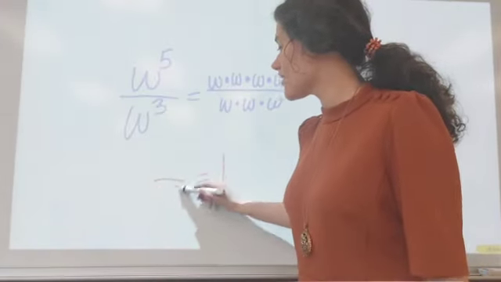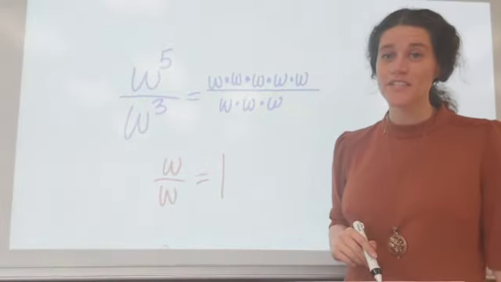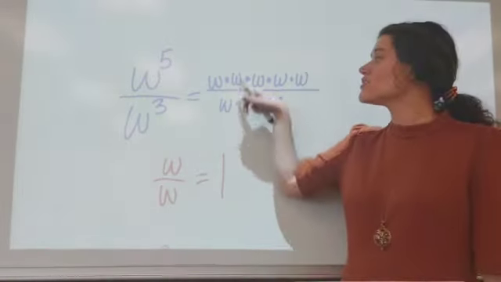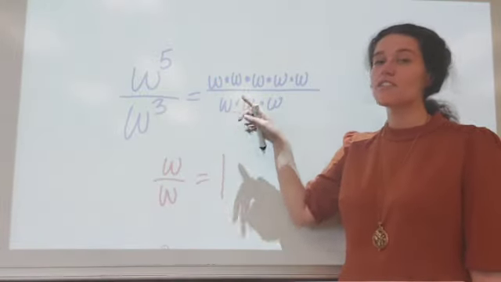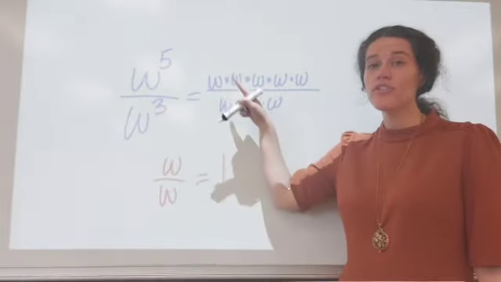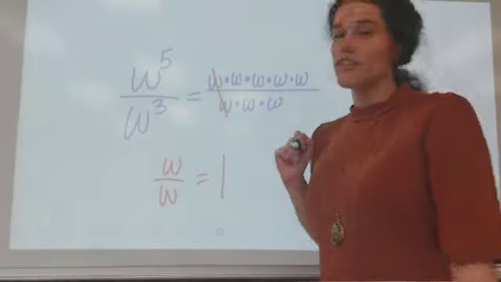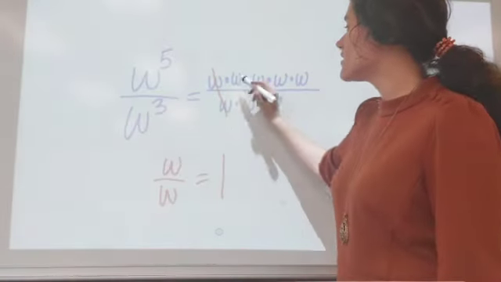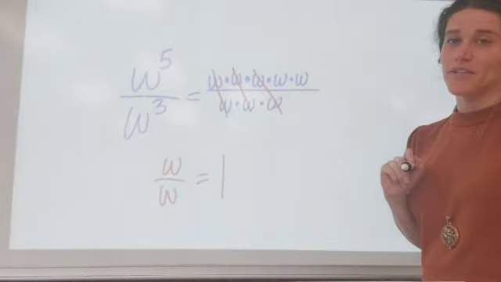And I can also have w divided by w to give me a 1. So each time I have a w that matches the top and the bottom, I can turn those into a 1. So that can become a 1, that can become a 1, and that can become a 1.